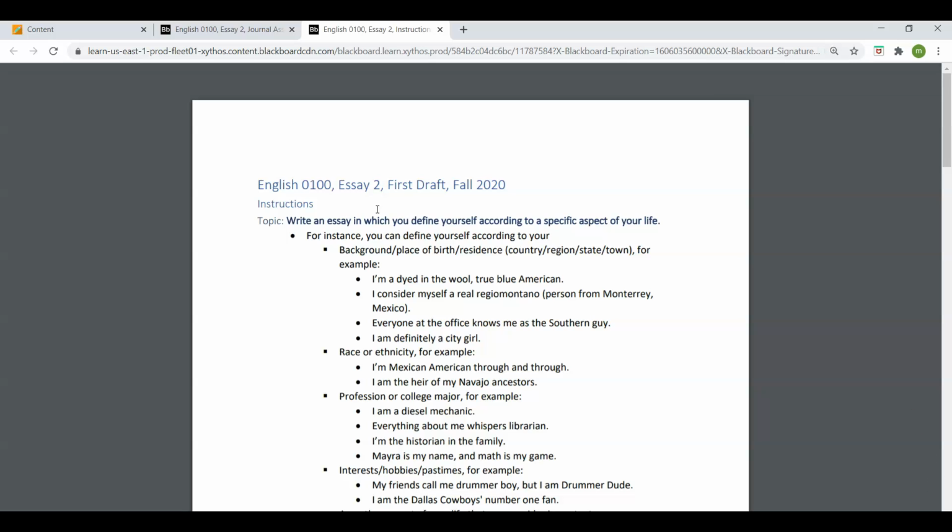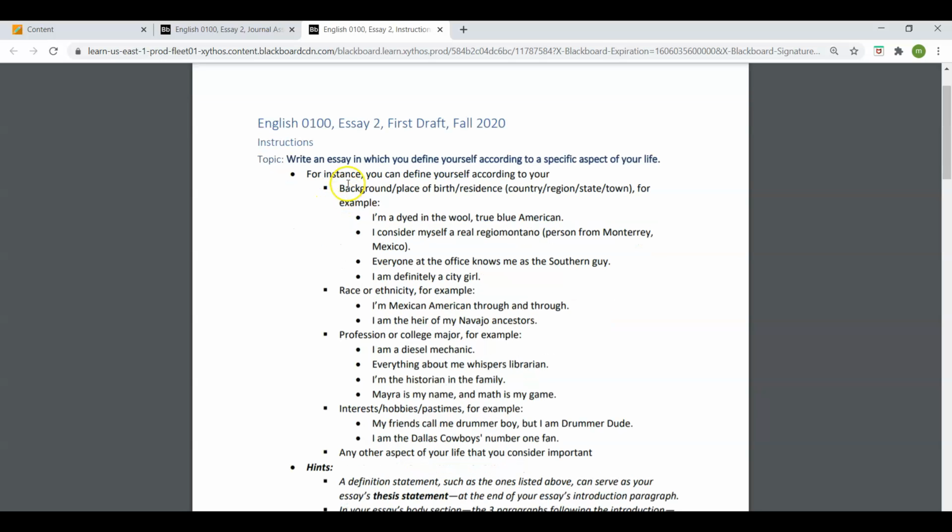Some of you, I don't know if it's you or if it's someone else, but I know I read several journal paragraphs, and a big problem for many was that there wasn't a clear definition. Okay. So the way I wrote it is write an essay in which you define yourself.